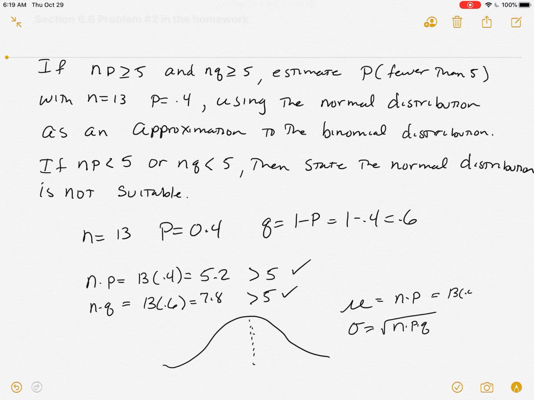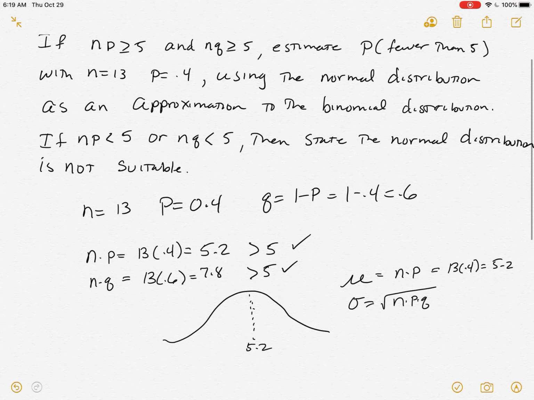That was 13 times 0.4, which is 5.2. So the mean is 5.2. The standard deviation is the square root of 13 times 0.4 times 0.6. Running that in our calculator, we get something that goes on forever. I decided to round it to the hundredths and do 1.77.